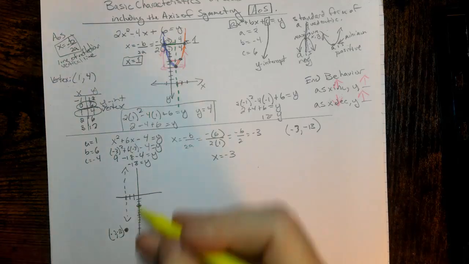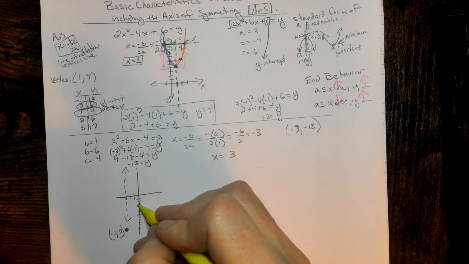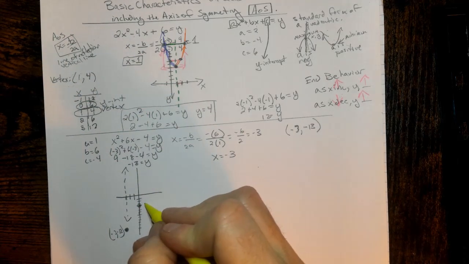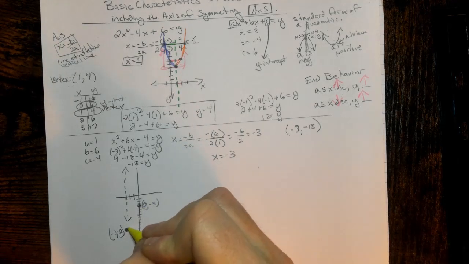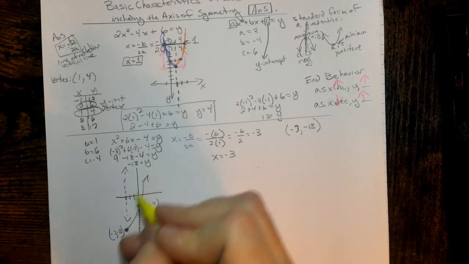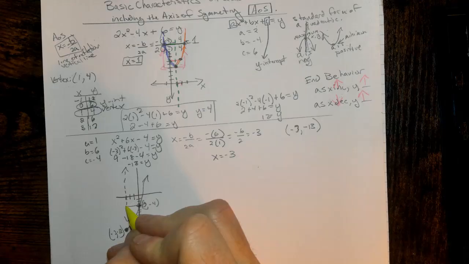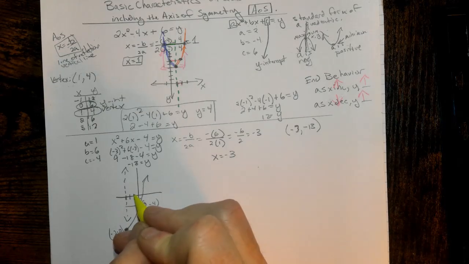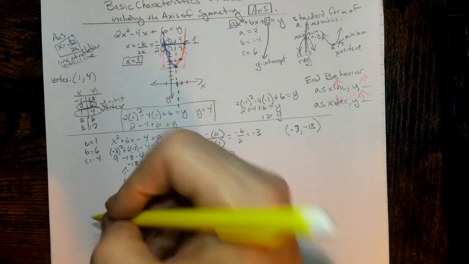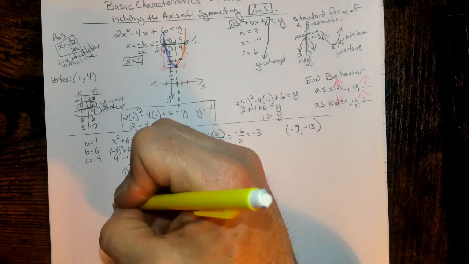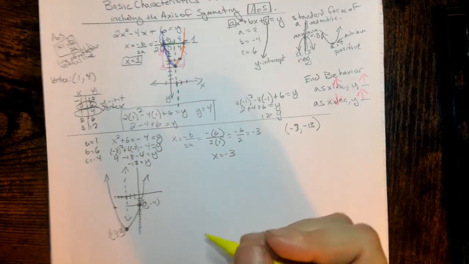So this is getting a little messy because of the tick marks, but the idea, this is right here, 0, -4. And so I could draw my curve kind of like that, and then I can reflect across this line. So I went 1, 2, 3 units, so 1, 2, 3 units. And I'd be on this side, and there would be the other side of the curve going that way.